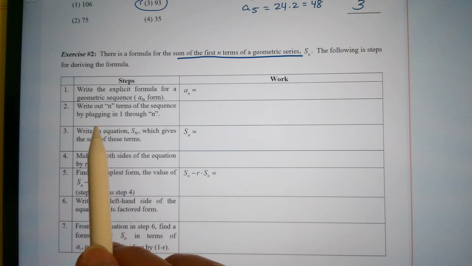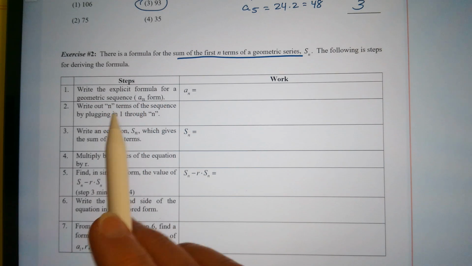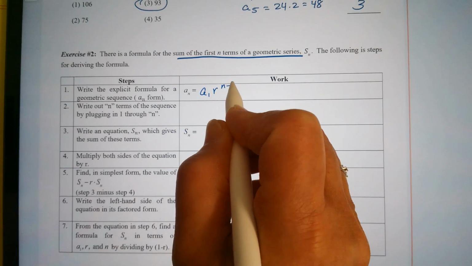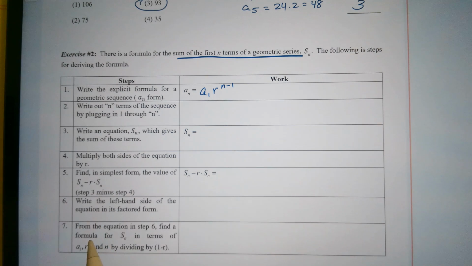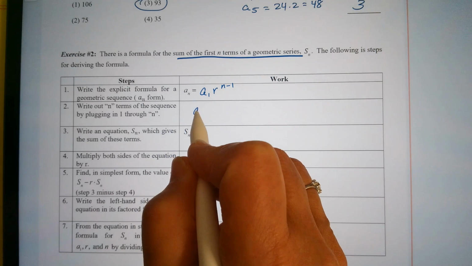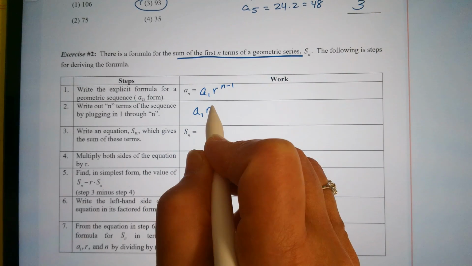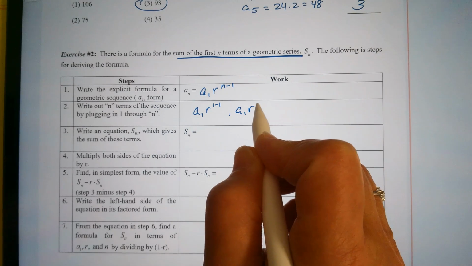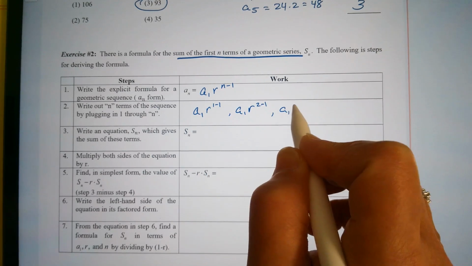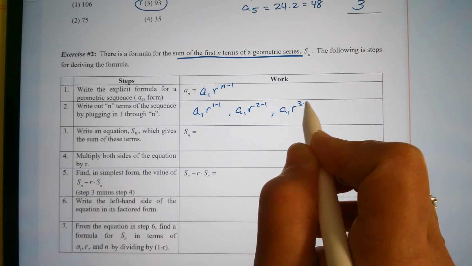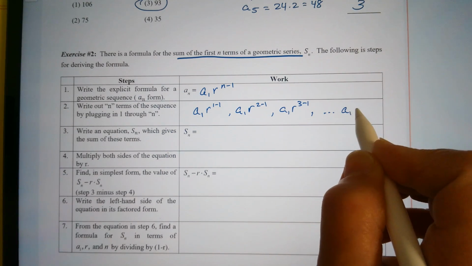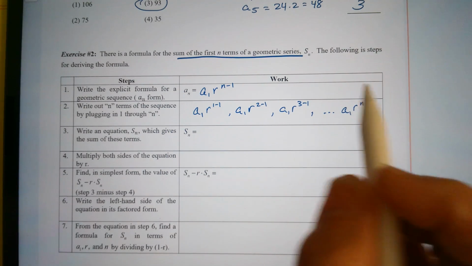Write the explicit formula for a geometric sequence a sub n. So in other words, a sub n is equal to a sub 1 times r to the n minus 1. Write out n terms of the sequence by plugging in 1 through n. So that would be a sub 1 r to the 1 minus 1, a sub 1 r to the 2 minus 1, a sub 1 times r to the 3 minus 1, all the way up to a sub 1 times r to the n minus 1.